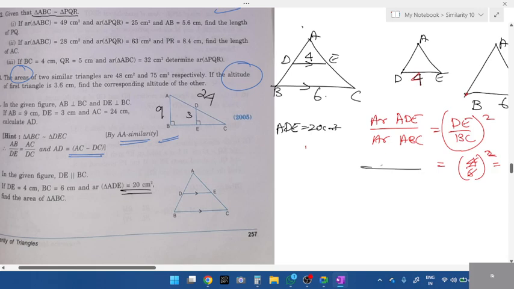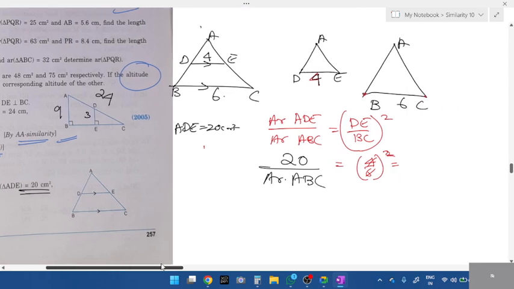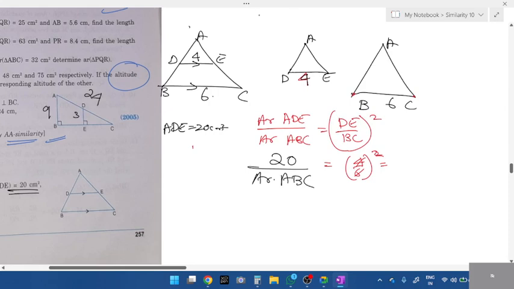Now tell me which area is given. Area ADE divided by area of ABC. Complete the question now. So 4 by 6 the whole square. You can reduce, square it, cross multiply, do however you want. Complete the question.